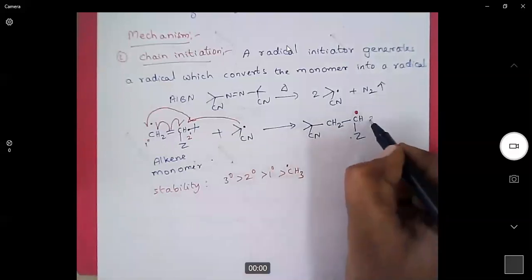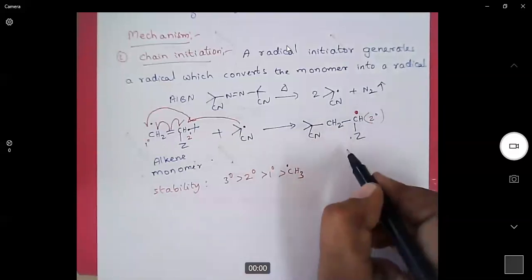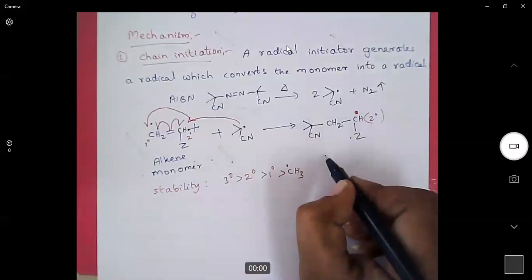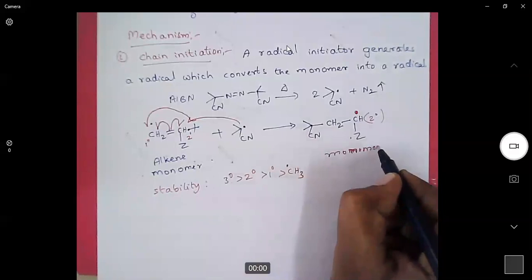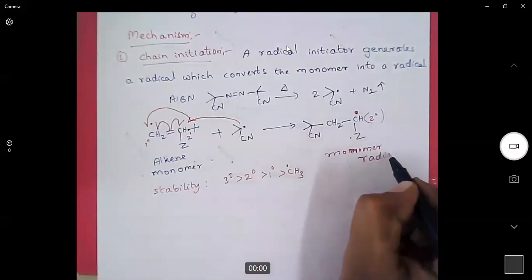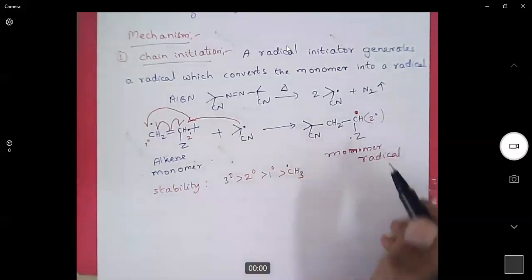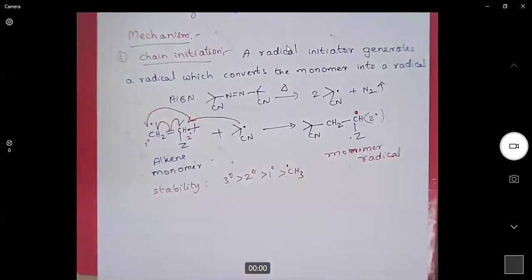So what is this compound? This is the monomer radical. So the generation of the monomer radical is the first step, chain initiation, in a radical polymerization reaction.